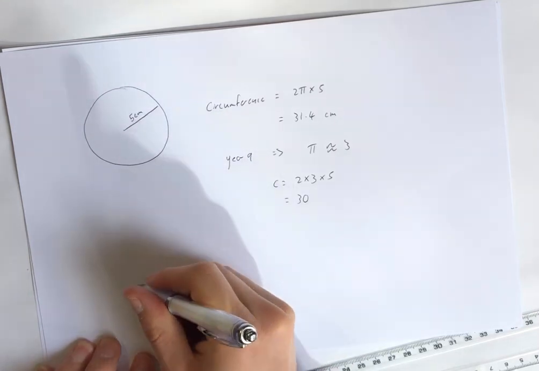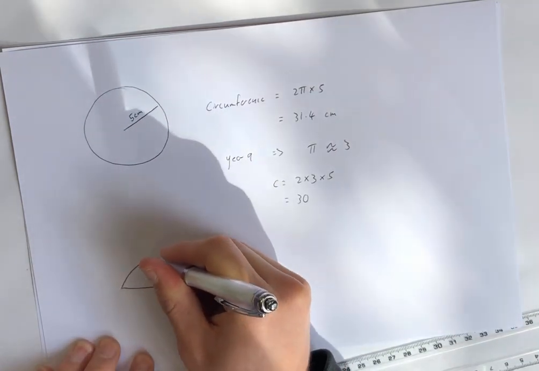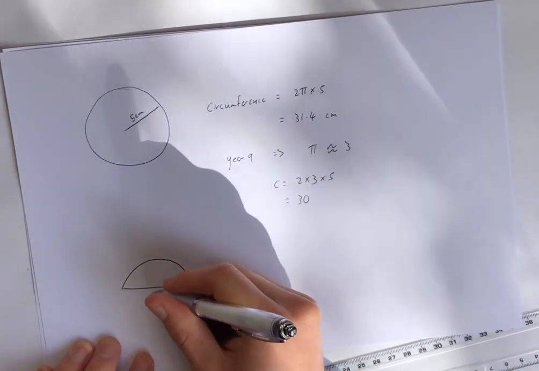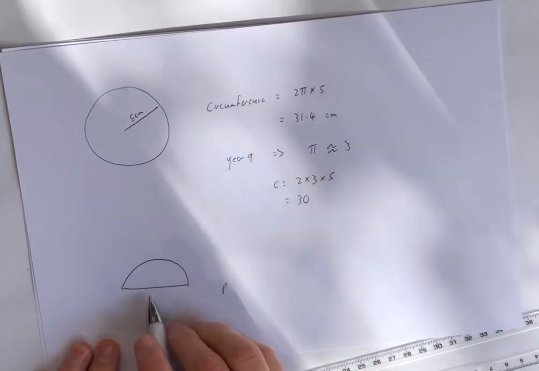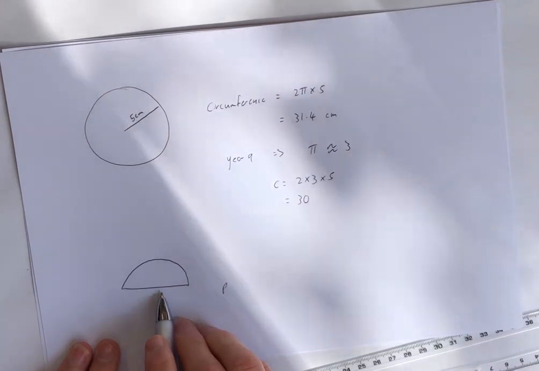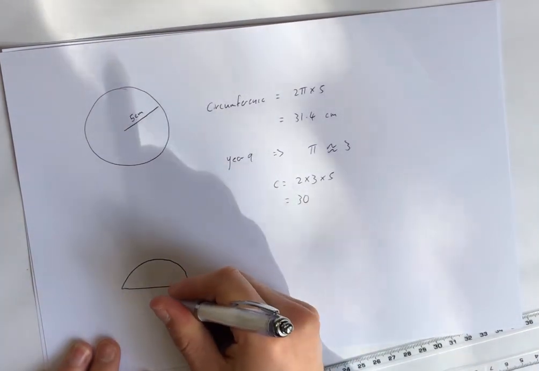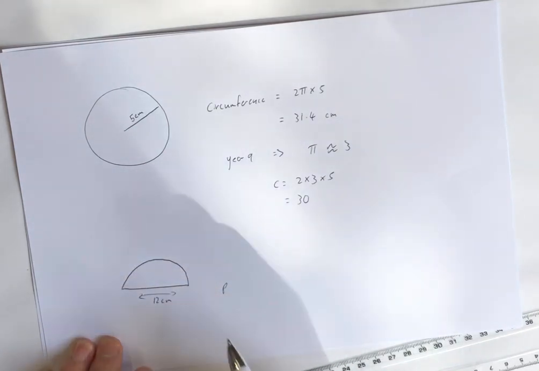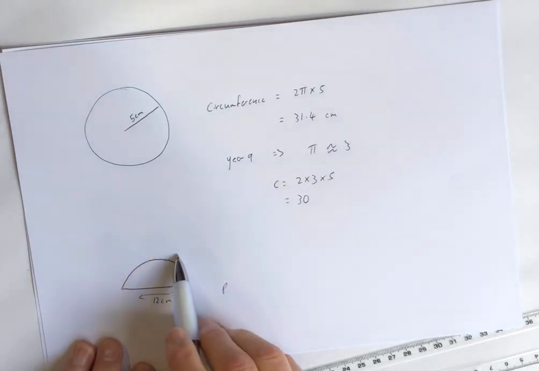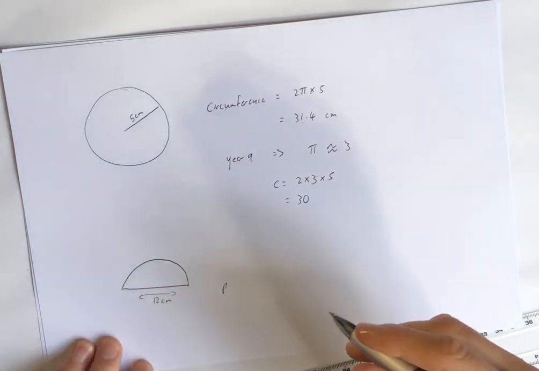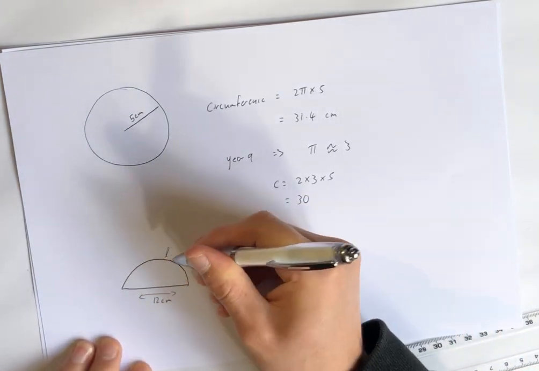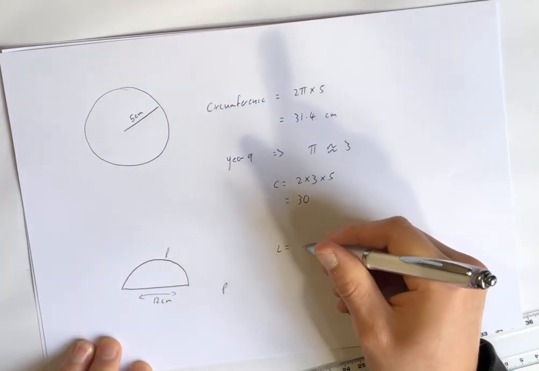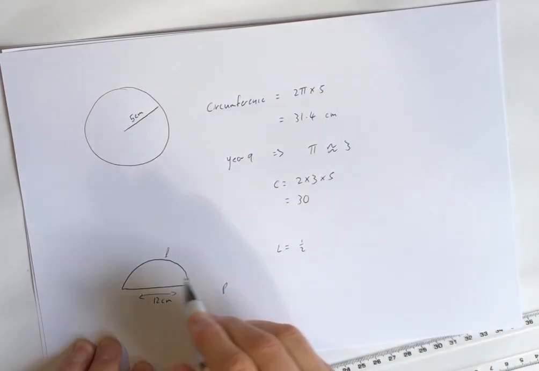So if I gave you something like this, I want the perimeter of this shape, and it's a half circle, and let's say the diameter of this is 12 centimeters along here. Well, we want to know that this length, okay, if we wanted a perimeter. So let's say L, then the length of L will be a half of the circumference of a circle.